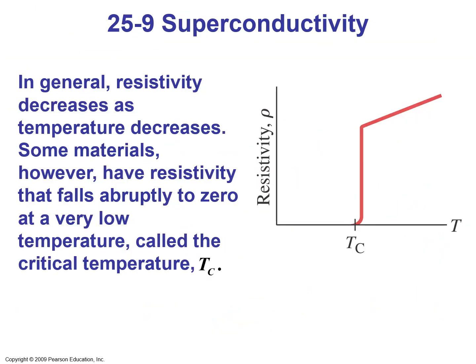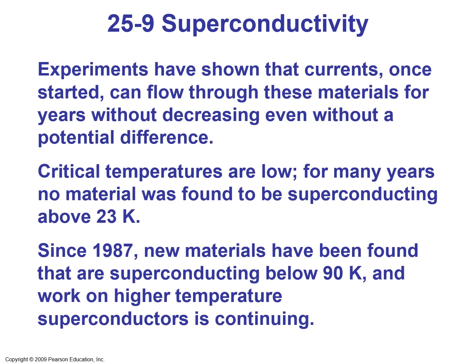Superconductivity. In general, resistivity decreases as temperature decreases. Some materials, however, have resistivity that falls abruptly at a very low temperature called the critical temperature Tc. Experiments have shown that currents, once started, can flow through these materials for years without decreasing, even without a potential difference.